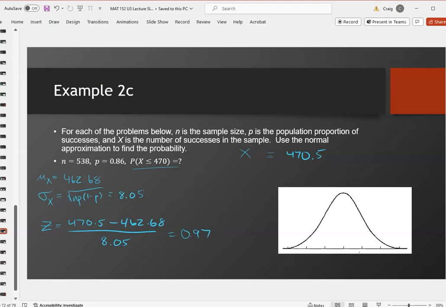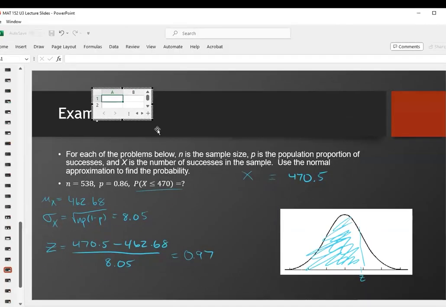We want the probability less than that. 0.97 is about right here, so we want everything over here. That's going to be quite a bit. It should be more than 50% in this case. We can then insert our Excel table to calculate it real quick.